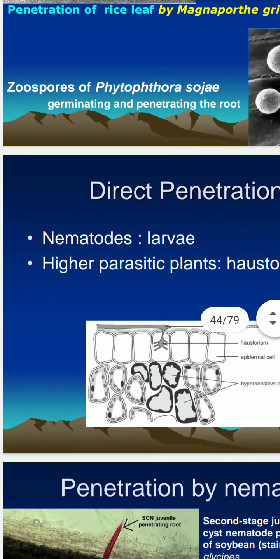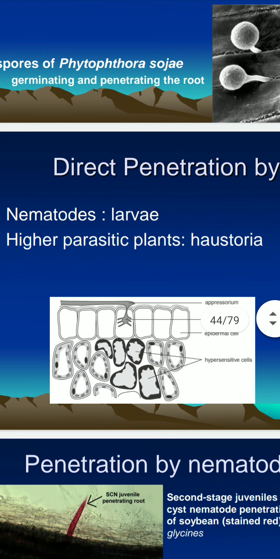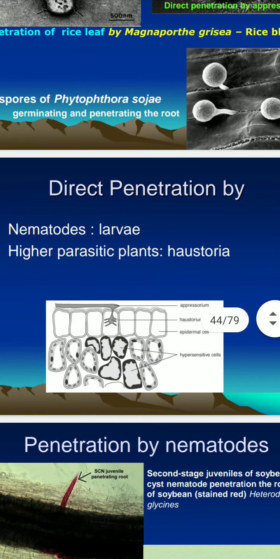In the next slide, we see how nematodes and higher parasitic plants enter by direct penetration. Nematodes have stylets, or piercing units, on their heads. From these structures, known as stylets, they enter directly into the host plants.